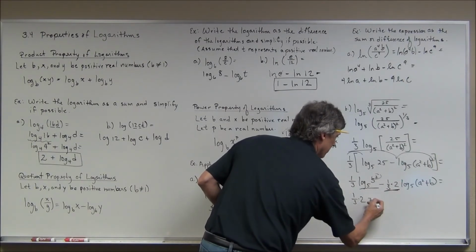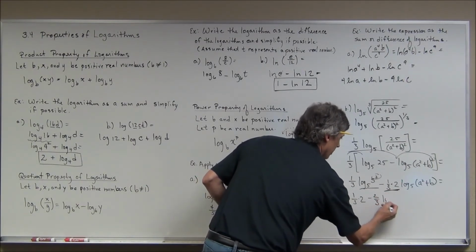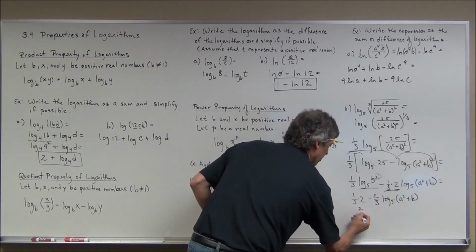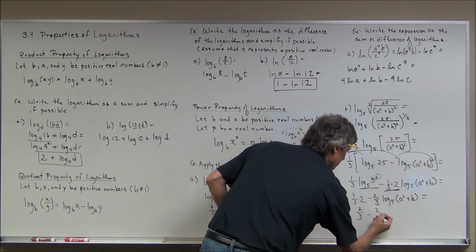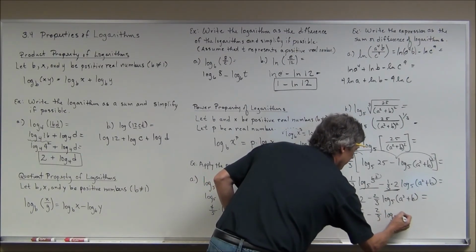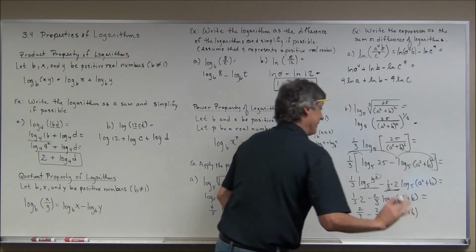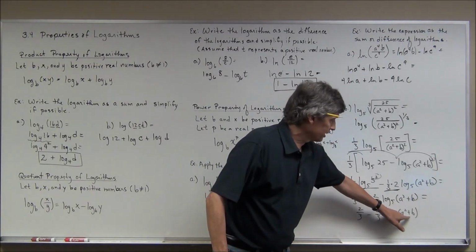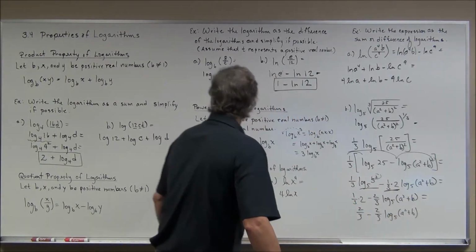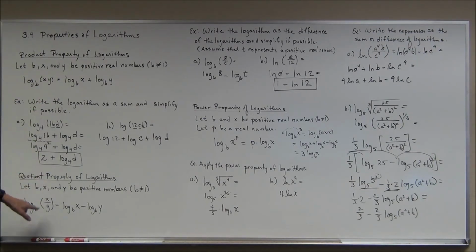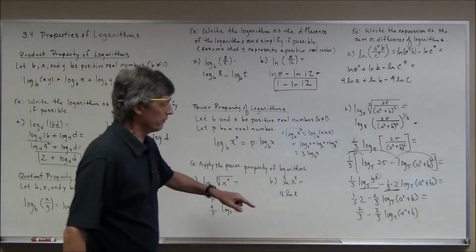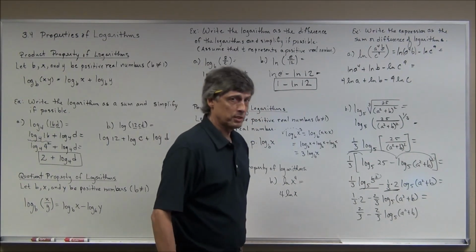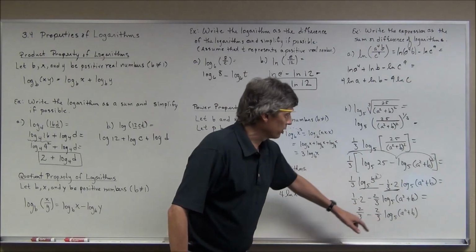This is 2/3 minus 2/3 times the log base 5 of a squared plus b. Be careful here. A common error in dealing with logarithms is that students start trying to separate this with a sum. You can separate the product and the quotient into sums and differences respectively, but you can't separate this sum. The log of x plus y is not the log of x plus the log of y. So this is as far as this one simplifies.